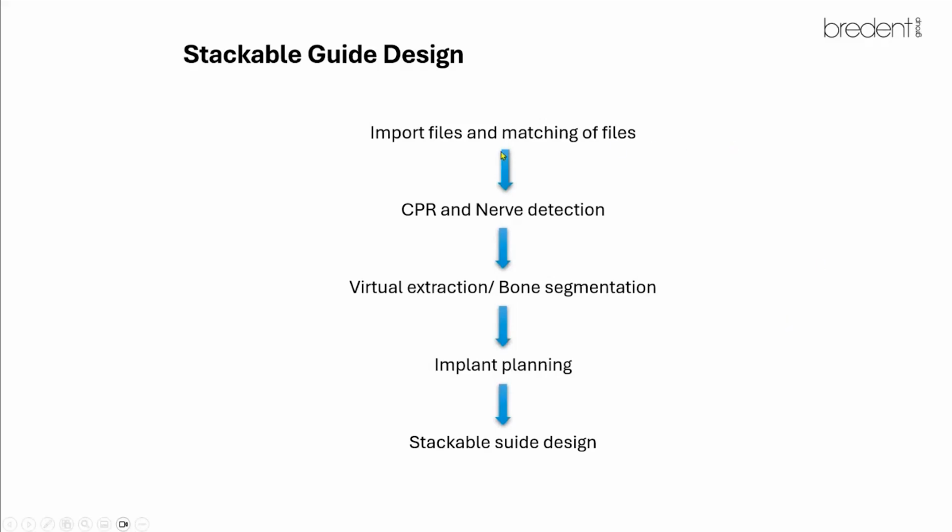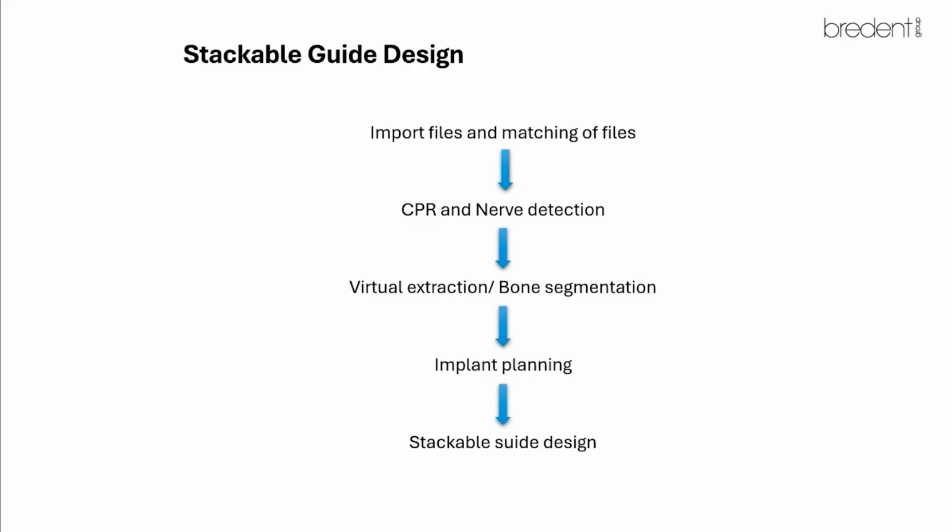So as usual, we import files, match them, do CPR and nerve detection. And next, because it's a stackable guide, sometimes we want to do a soft tissue guide on the gingiva, so we have to do some virtual extractions. If you are doing a bone reduction guide or bone supported guide, we need to do segmentation of the bone, which we have done in a previous module.